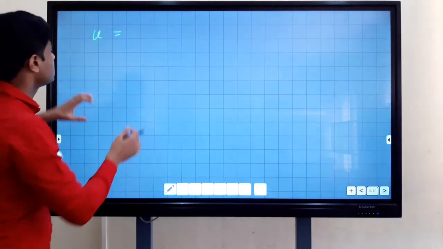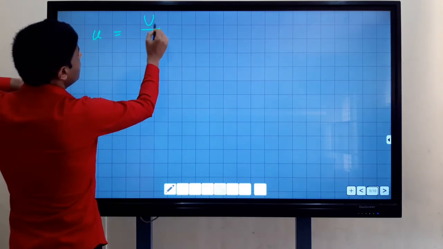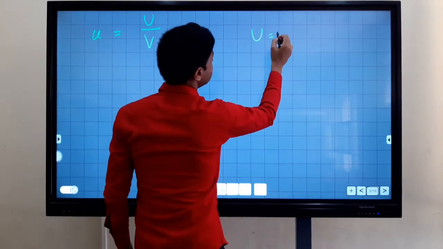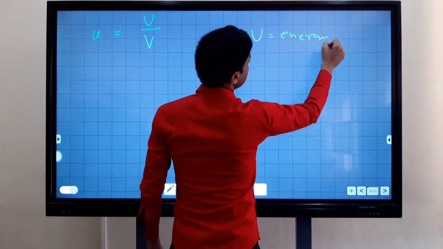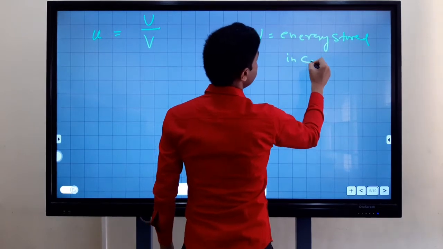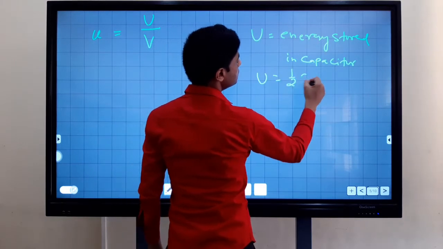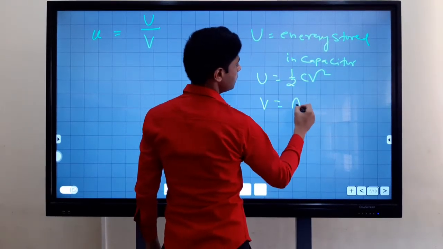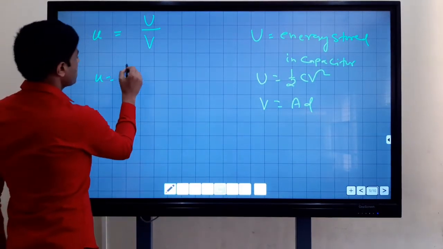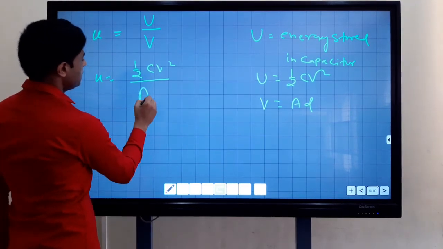It means energy density: total energy U upon the volume V, where U is the energy stored in the capacitor. As we know, the value of U equals 1 upon 2 CV square and the value of V equals AD. So by putting the values, u equals 1 upon 2 CV square upon AD.